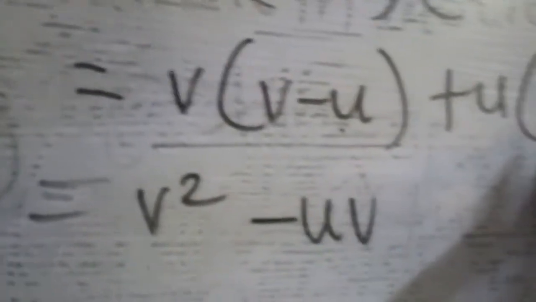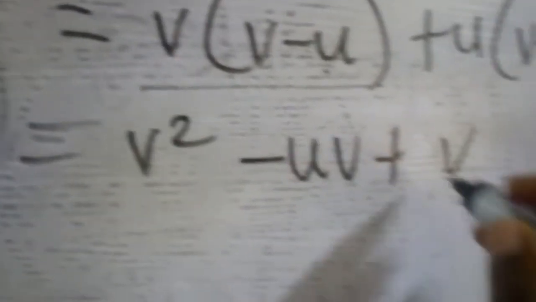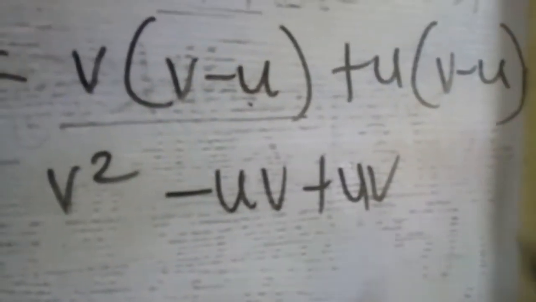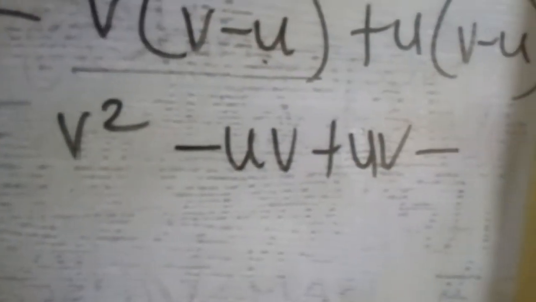So I said this is what it's going to give us, but let us try and expand. So v times v is v squared, and v times u is uv, but minus is there. So here, positive times positive is still positive, so uv, uv. Then positive times negative is also negative. That is where it was wrong before.